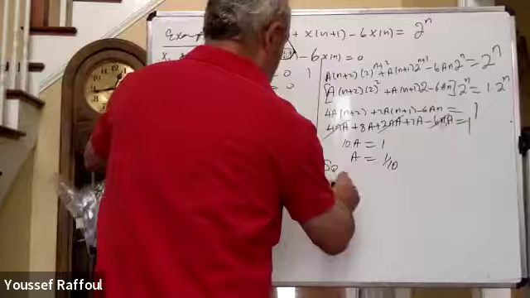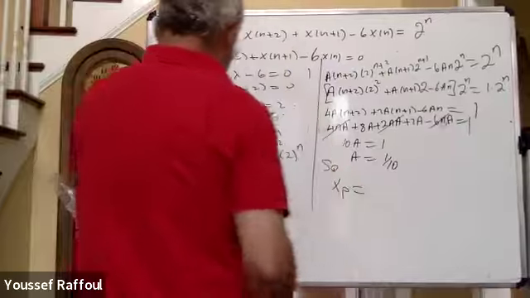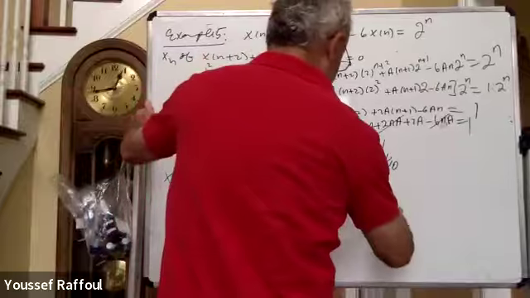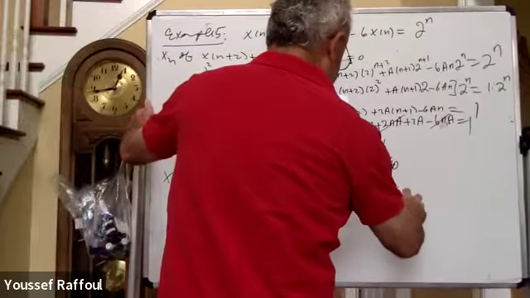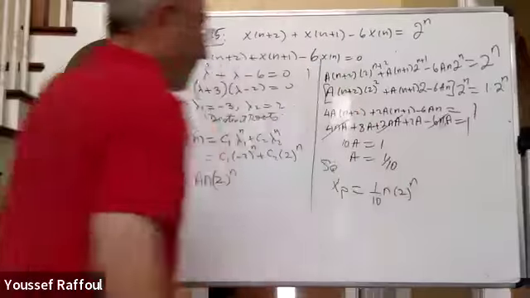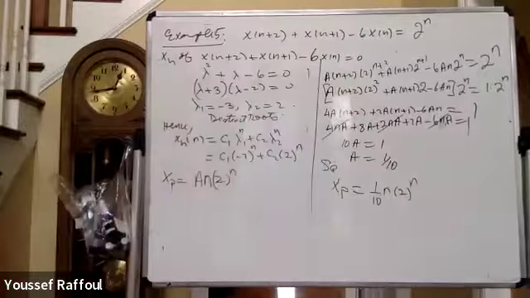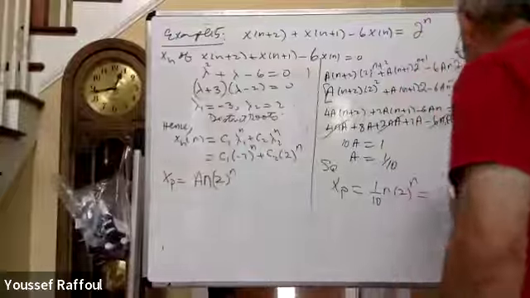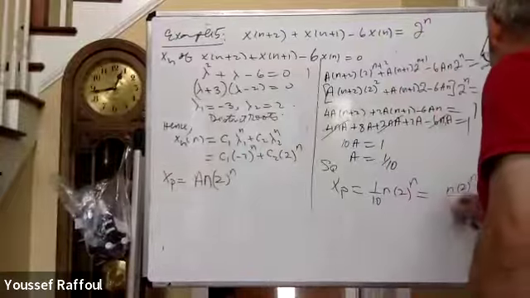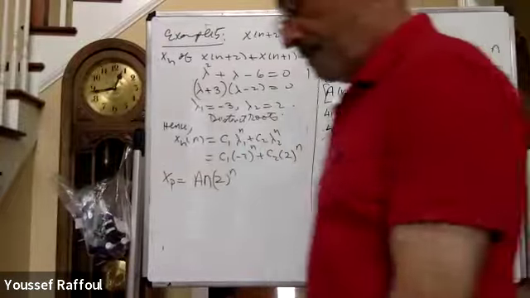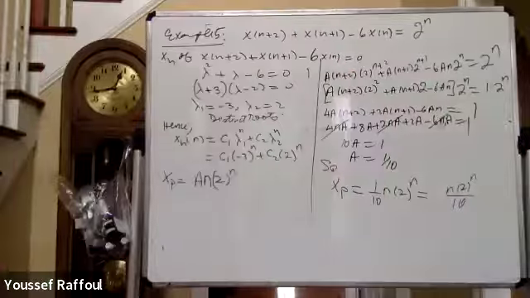And so xp is 1 over 10 times n times 2 to the power n. Or you may write it like n times 2 to the power n over 10. So you see the idea now?